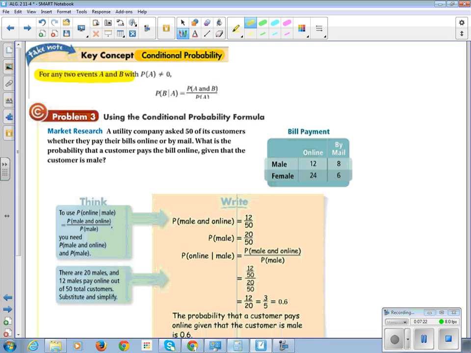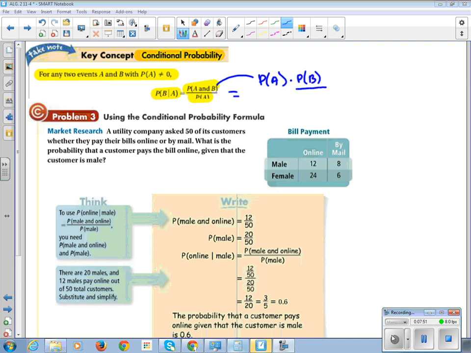For any two events, A and B, and please let the probability of A not be 0, the probability of B given A is the probability of A and B divided by the probability of A. Just to expand on this, yesterday we learned that the probability of A and B is whatever the probability of A is times whatever the probability of B is.